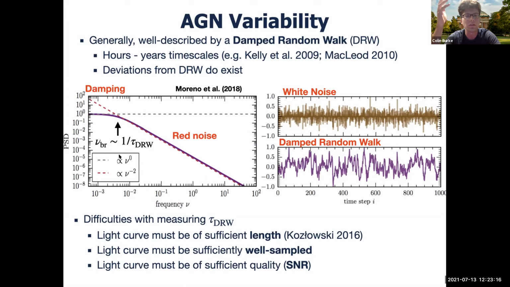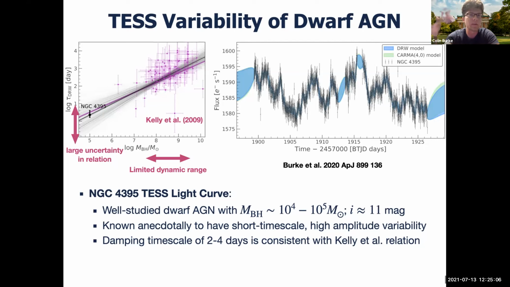So here's an example of a light curve, which is work I did about a year ago using TESS. And the great thing about TESS is the cadence is really, really rapid, as you can see from the light curve here. The right figure here is the light curve. This is a dwarf AGN called NGC 4395. And I wanted to look at NGC 4395 for a couple different reasons.